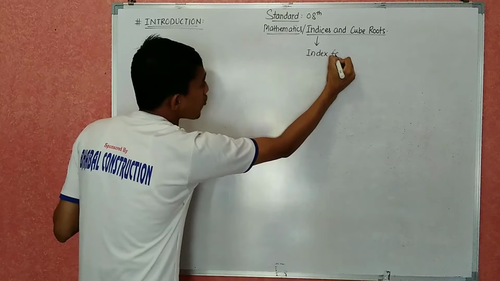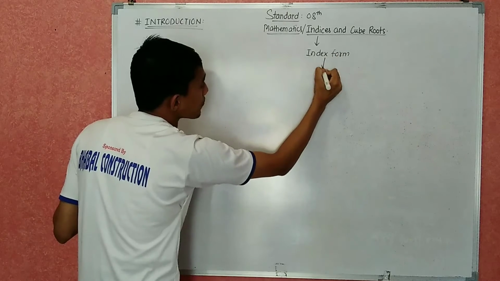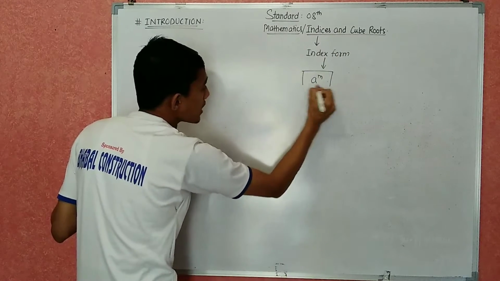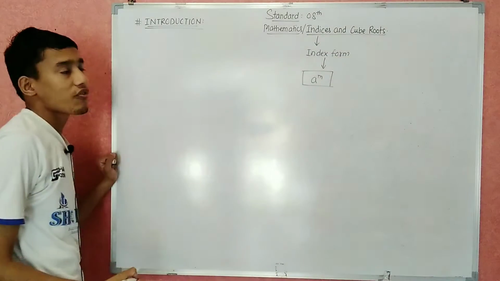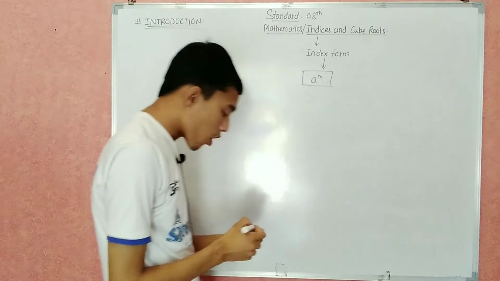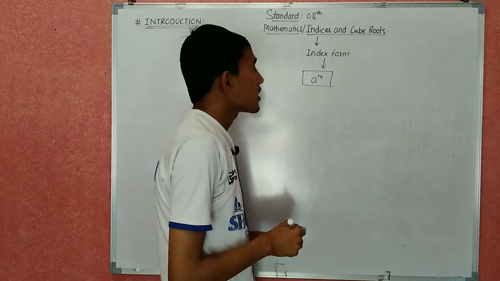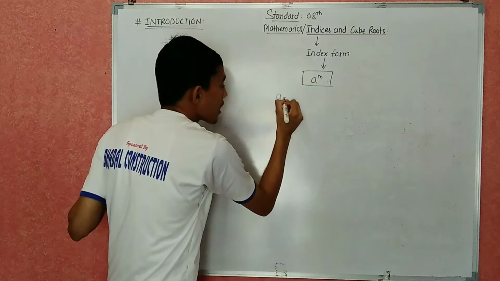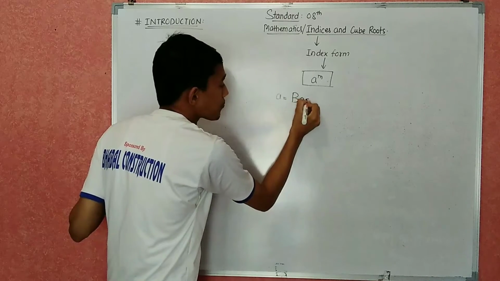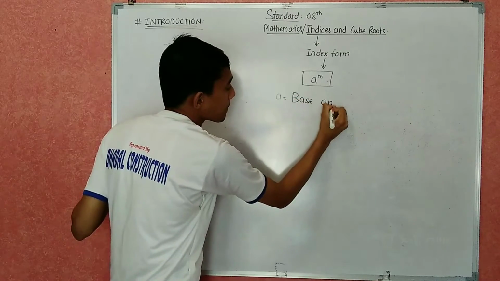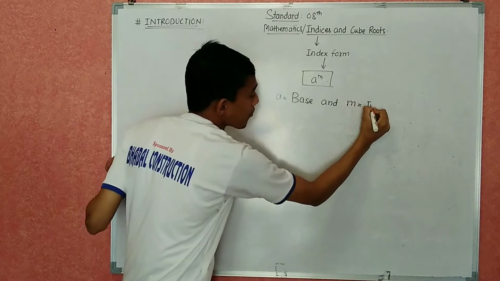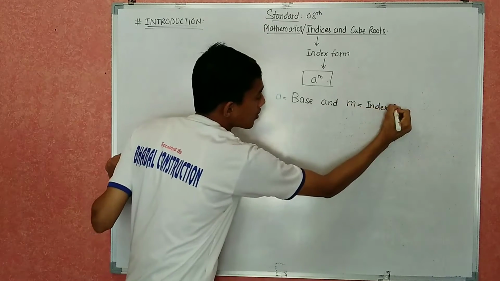Index form of any number is in the form of a raised to m. So any number which is represented in the form of a raised to m is called index form or indices number, where a is called the base and m is the index, or also known as power.